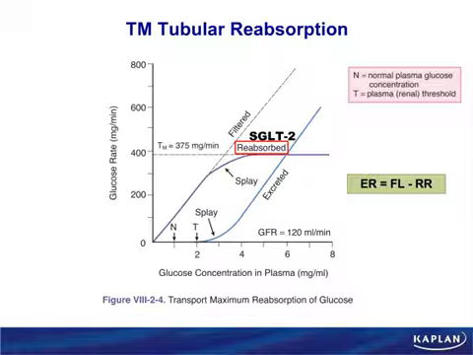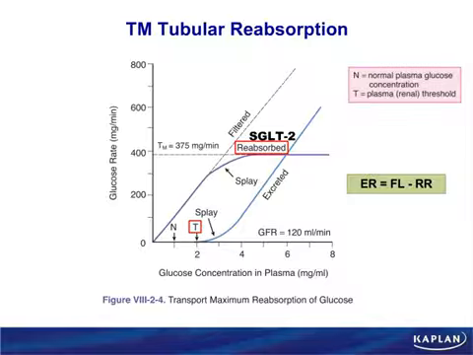Well, as the plasma glucose concentration increases, the filtered load increases. As the filtered load increases, the rate of reabsorption via the SGLT2 carriers increases until they become saturated. Remember, that is saturation kinetics. Once the SGLT2 carriers become saturated, you reabsorb at a constant rate. Now, you don't stop reabsorbing, but you reabsorb at a constant rate.